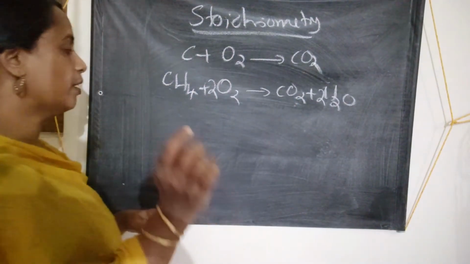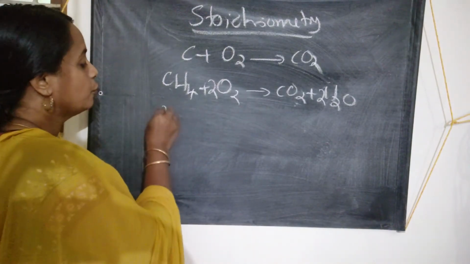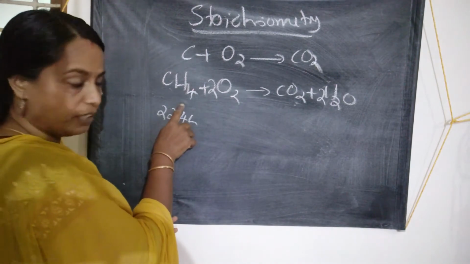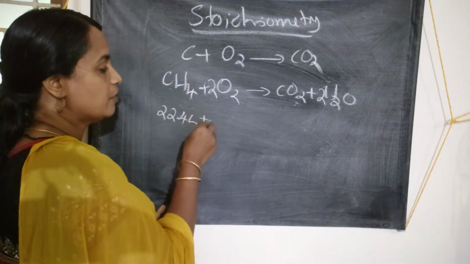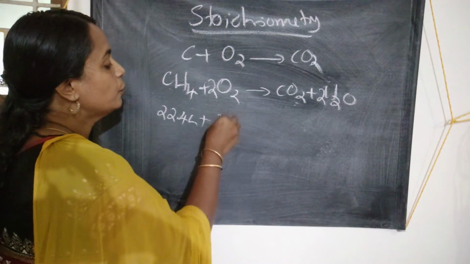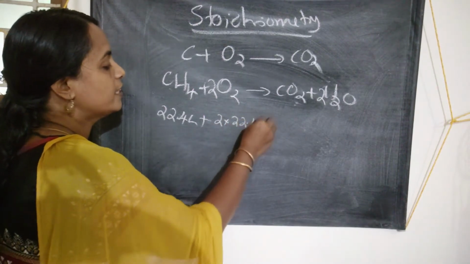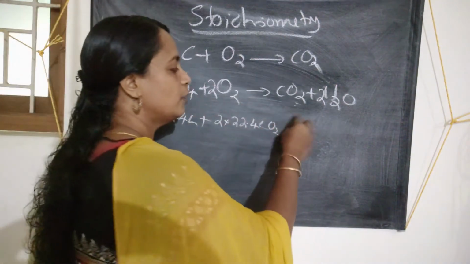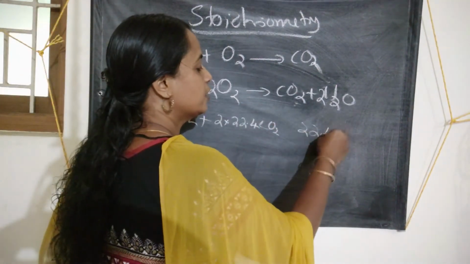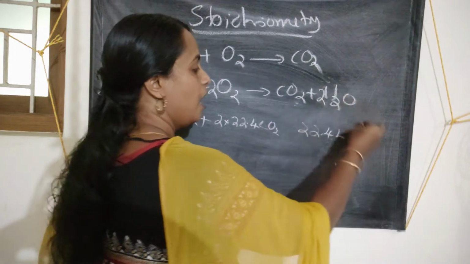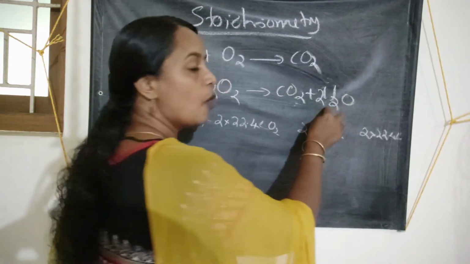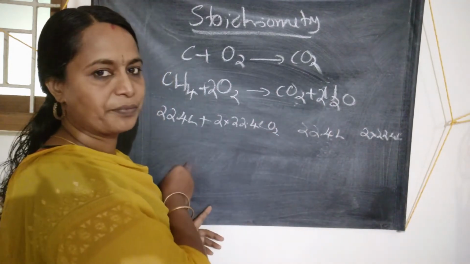And 22.4 liters of methane combines with 2 into 22.4 liters of oxygen, forming 22.4 liters of carbon dioxide and 2 into 22.4 liters of water at STP.